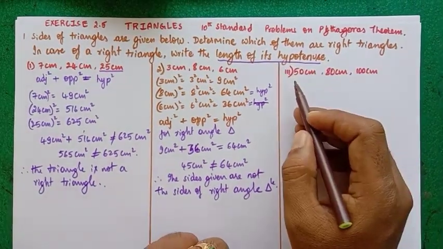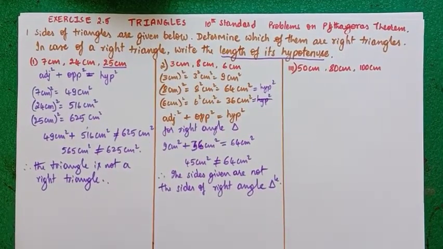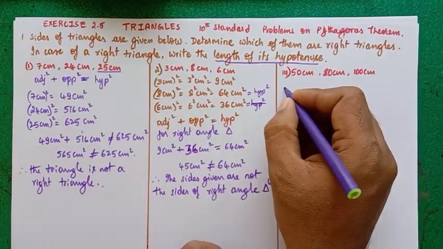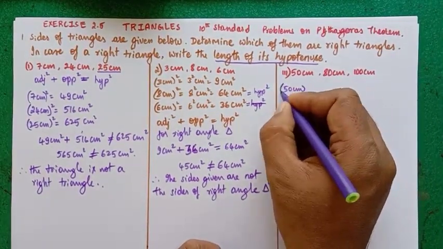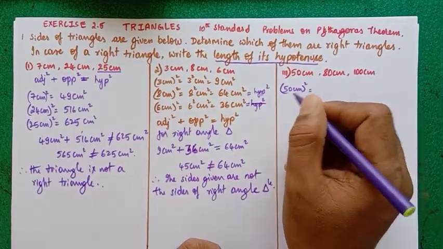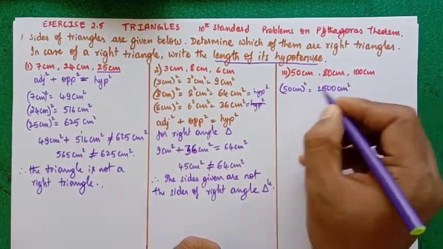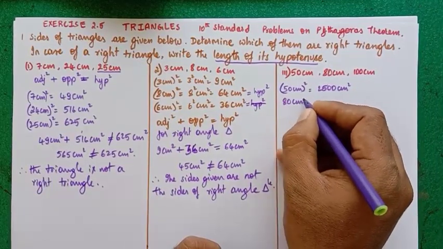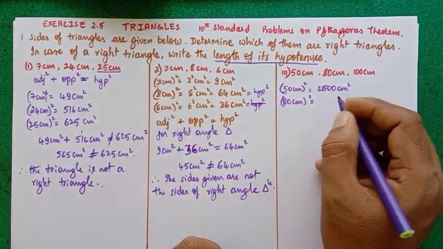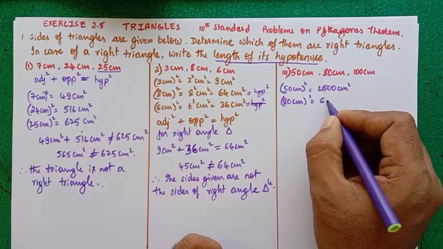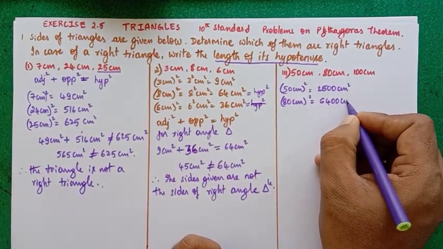The third problem is 50 centimeter, 80 centimeter and 100 centimeter. So here too 50 centimeter whole square is equal to 2500 centimeter square. 80 centimeter whole square is equal to 6400 centimeter square.